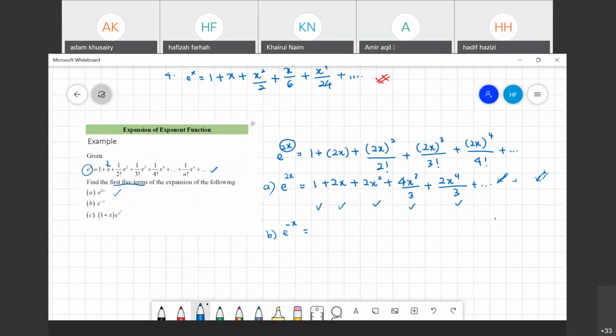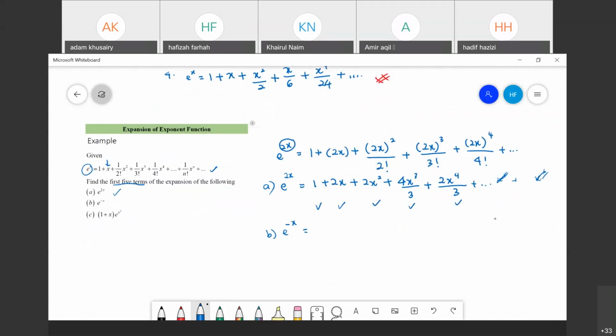So for e to the power of negative x, same method, we just substitute into the expansion.